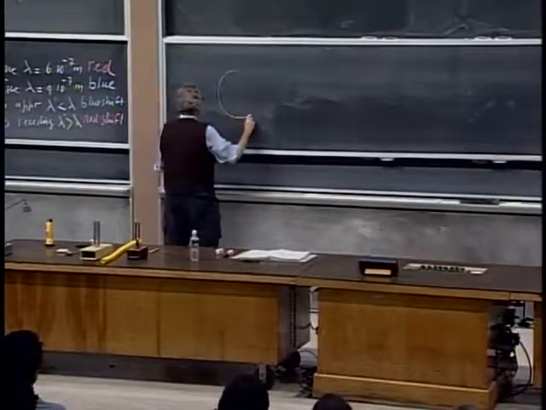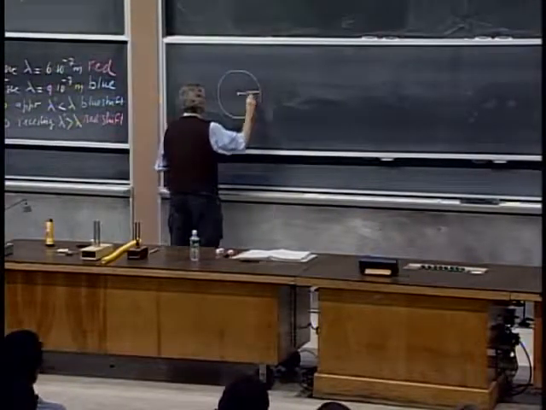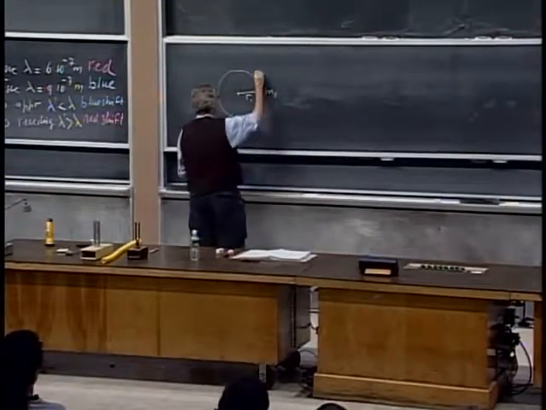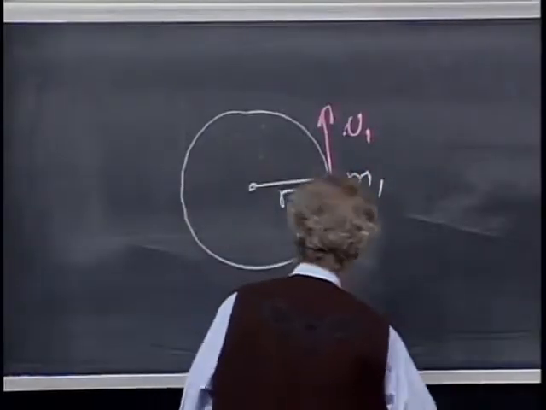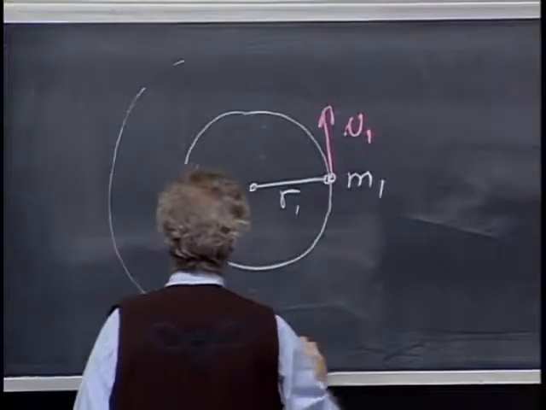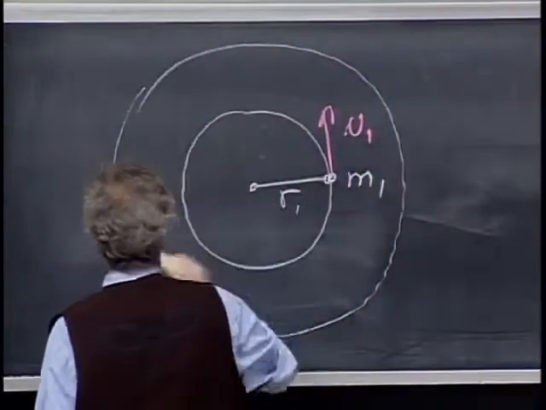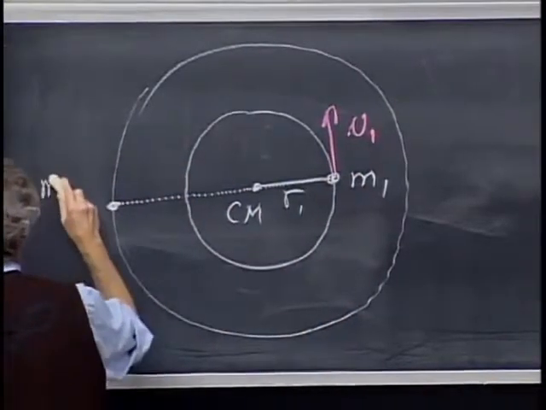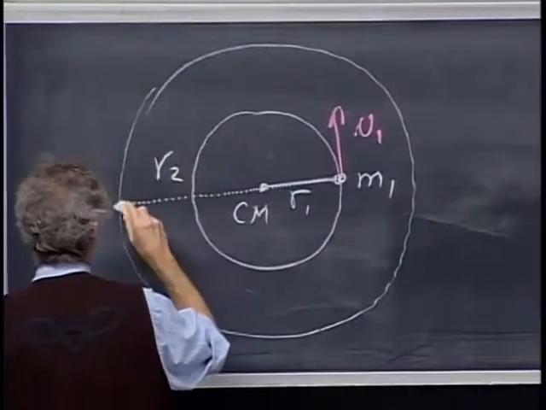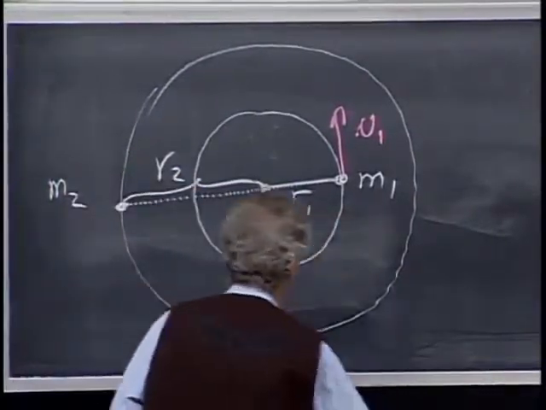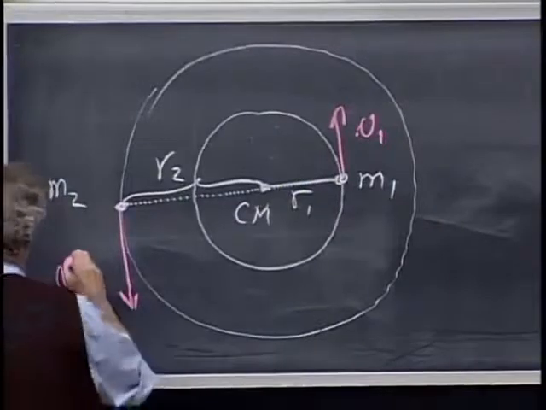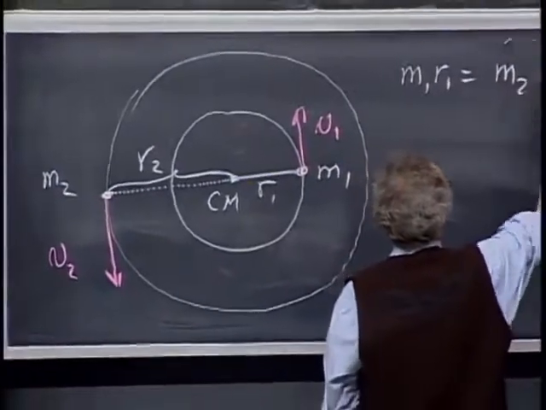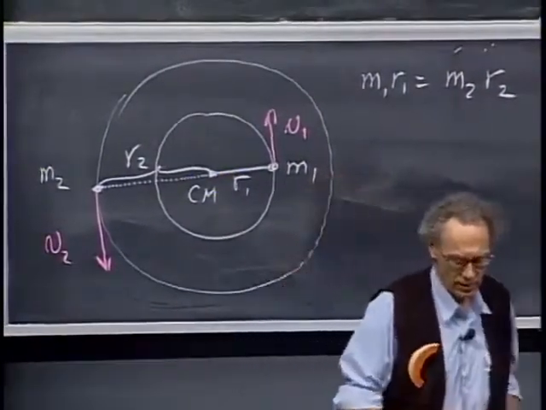Binary system, star 1, radius r1, mass m1, velocity v1, and star 2, going about their common center of mass, mass m2, radius r2, and velocity v2. m1 r1 equals m2 r2. That's the way the center of mass is defined.